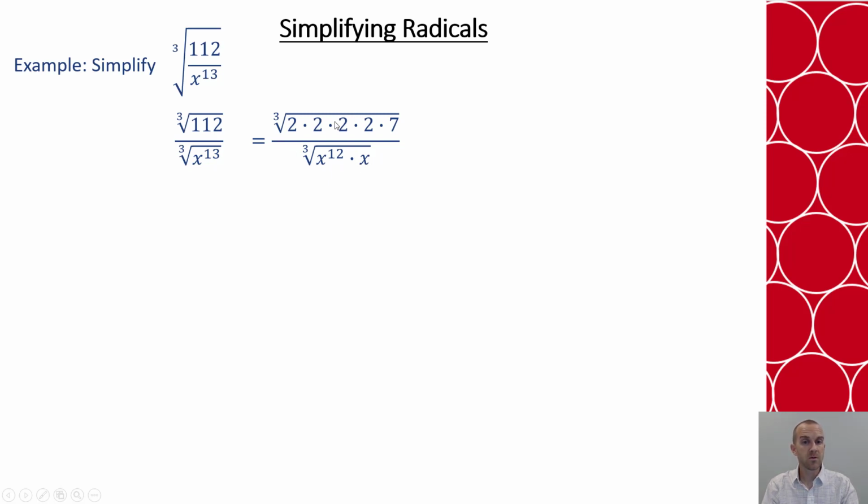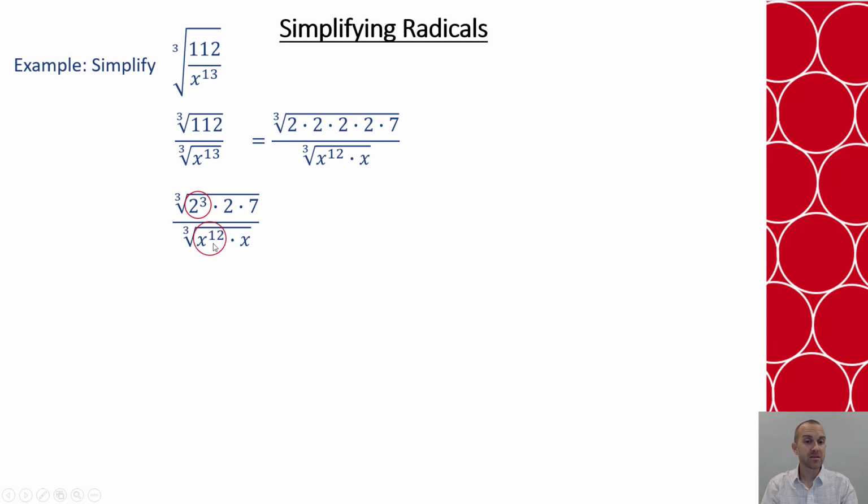Now let's revise this and say this is really 2 cubed times 2 times 7. And why would I want the 2 cubed? Because now I can say 3 divided by 3 will give me 2 to the 1st on the outside of my radical.